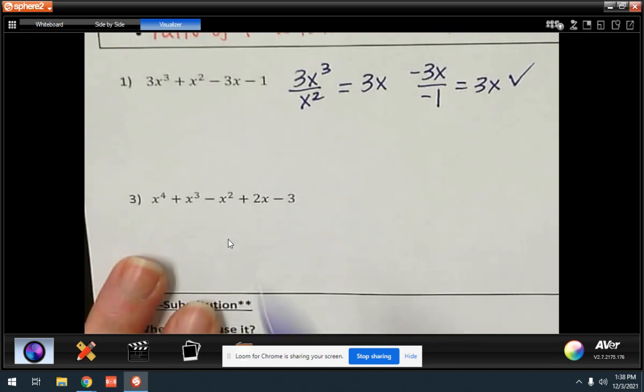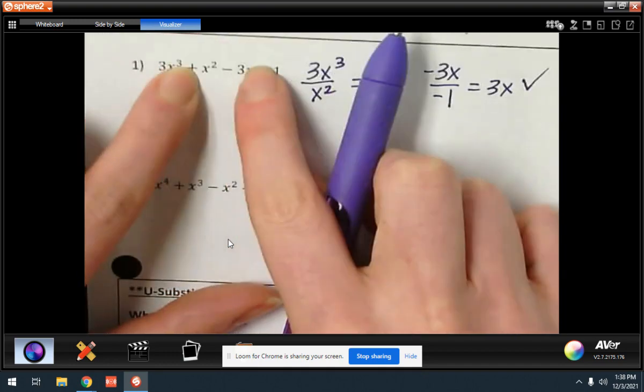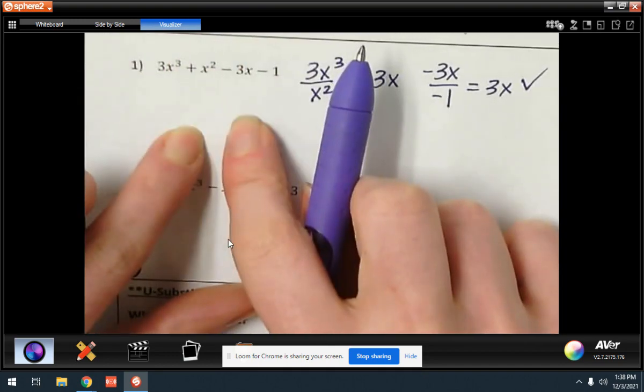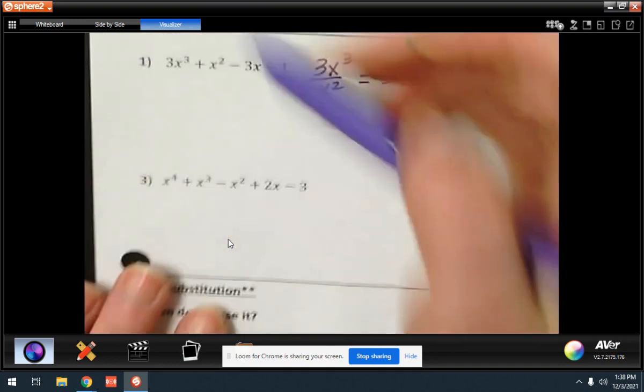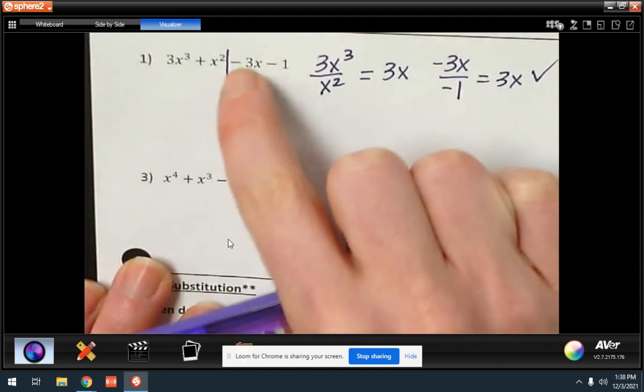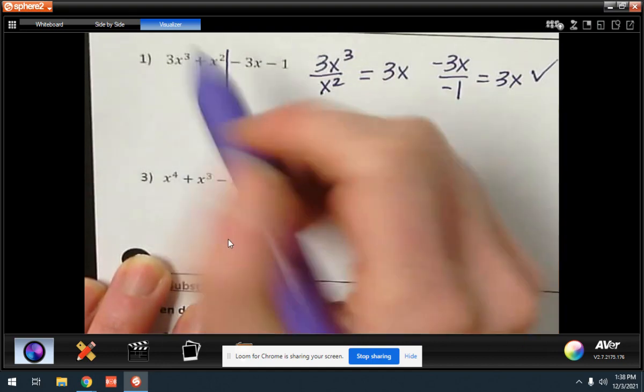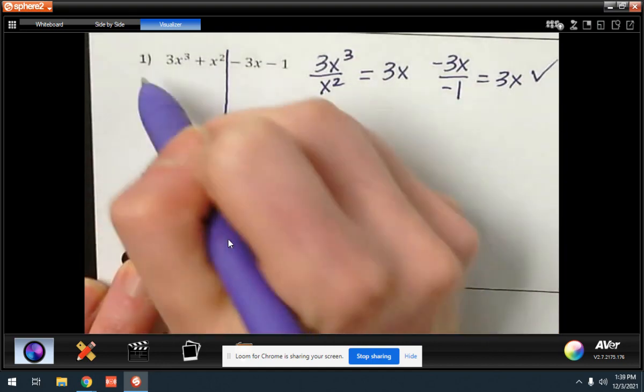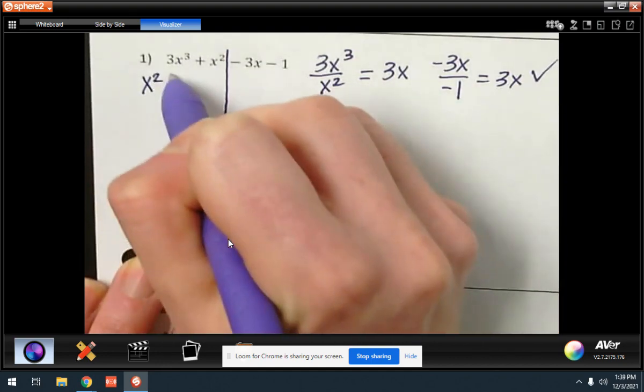And so you factor this just like we did the quadratics, only it's even easier. You don't have to find the magic numbers because you already have 4 terms. And so you just draw your line right down the middle. Don't cut off that sign because you need it. And then out of the first 2, we can factor out an x squared.